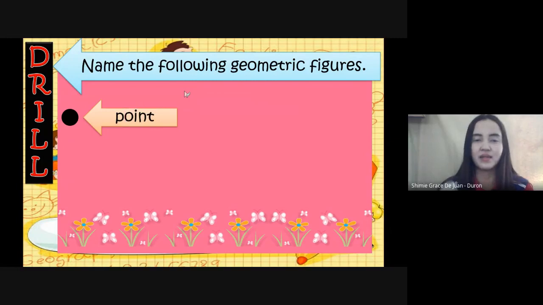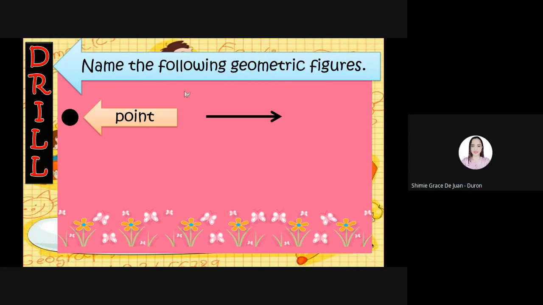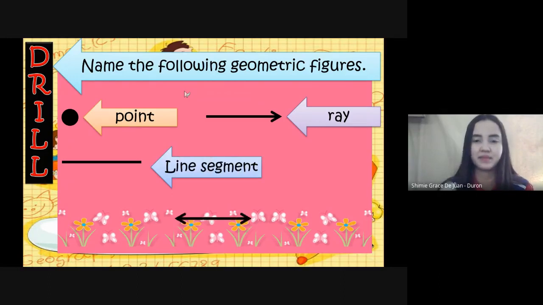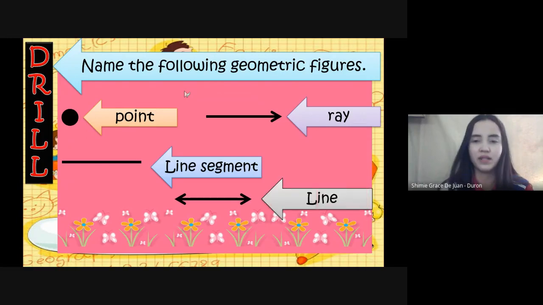It is a point. How about this one? This is a ray. And this one? It is a line segment. And this one is what we call the line.